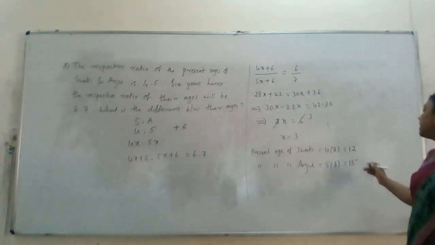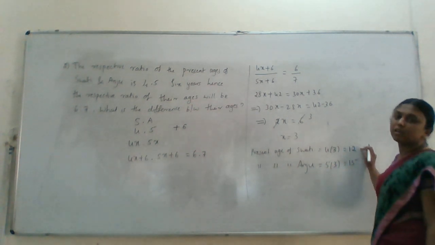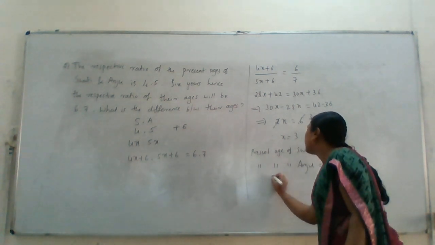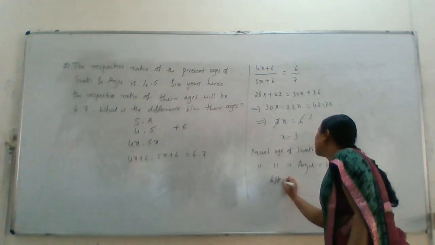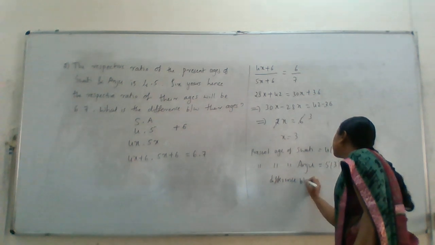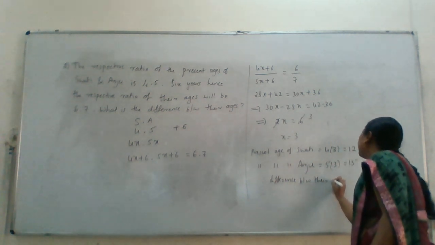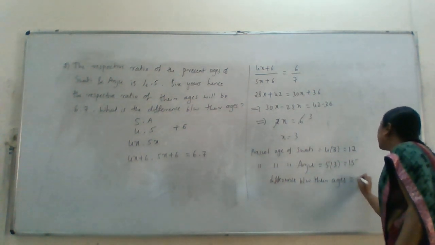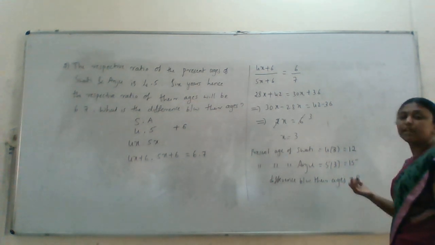So the difference between 15 and 12 is 3. So the difference between their ages is equal to 3, because 15 minus 12 is 3.